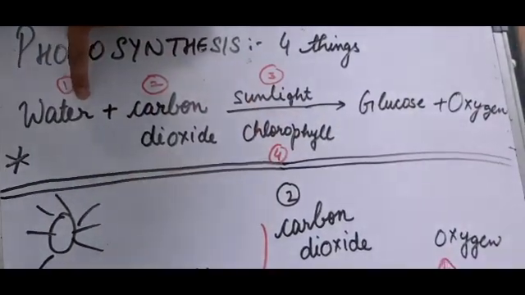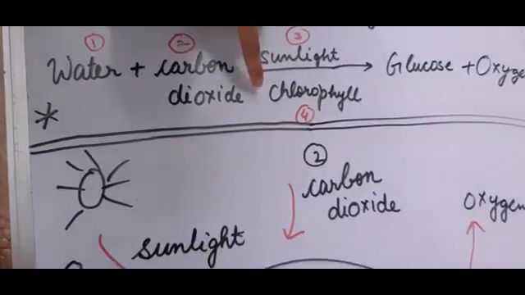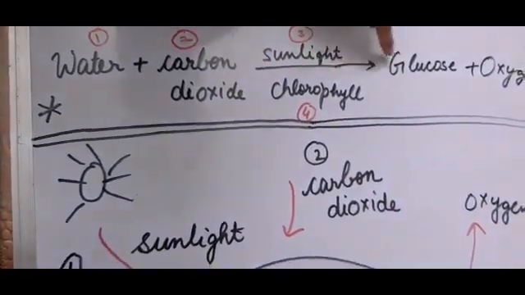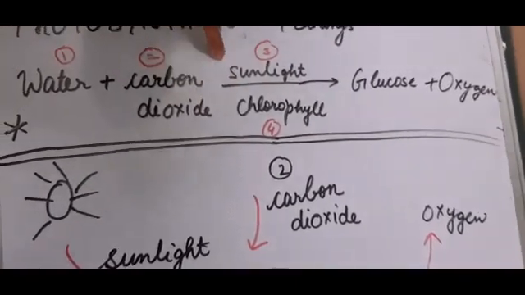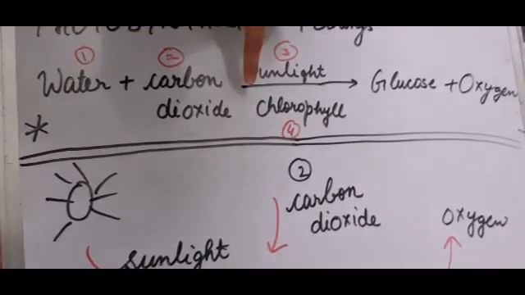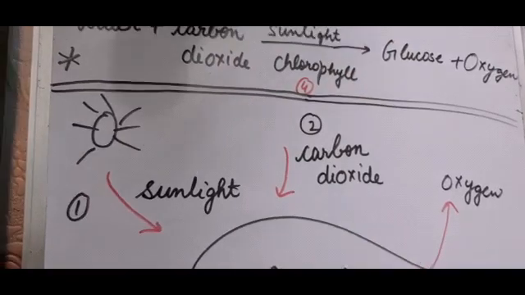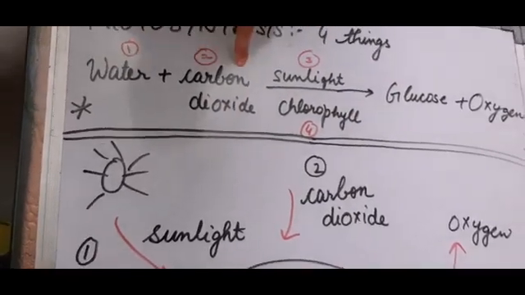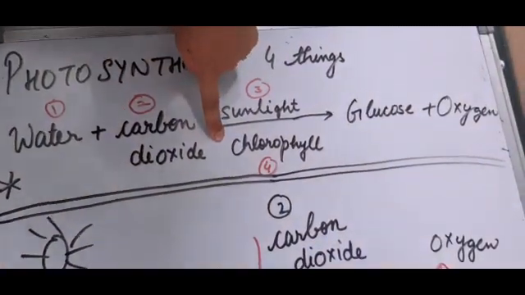Number one, water, plus number two, carbon dioxide. Remember, sunlight and chlorophyll you have to write above and below the arrow. You can write sunlight here also, chlorophyll here also, that is not a problem. But remember, these two things are to be written above and below the arrow. So four things: water, it takes from the soil, carbon dioxide from the air, sunlight from the sun, and chlorophyll is already present in a green leaf.